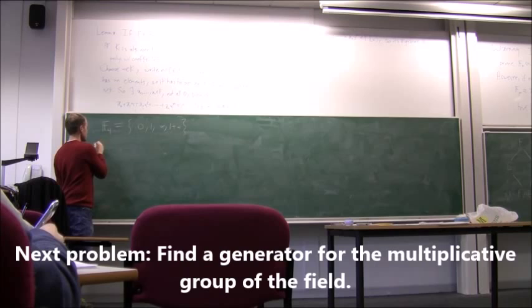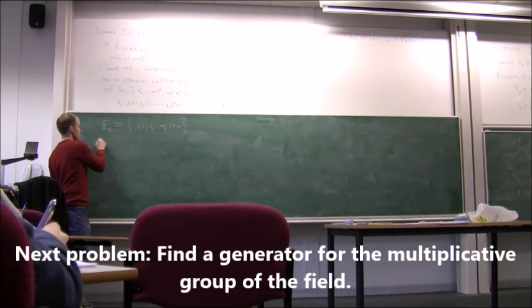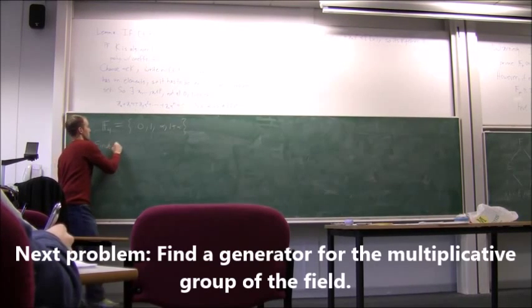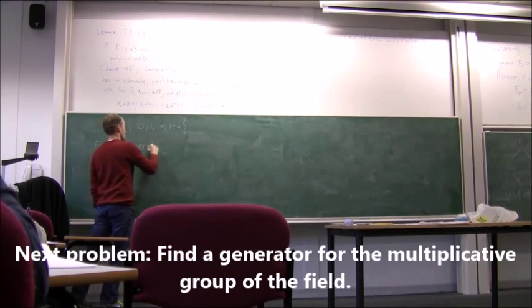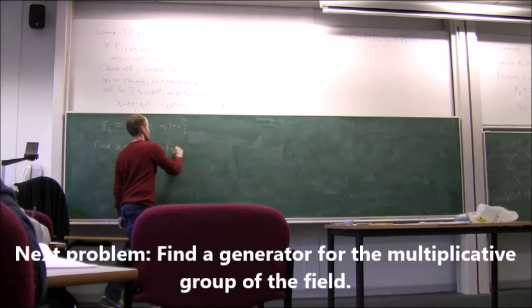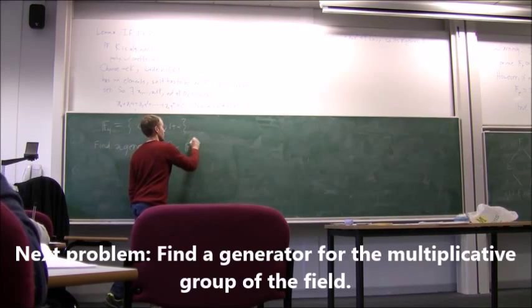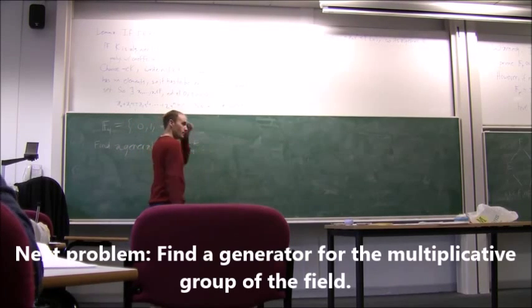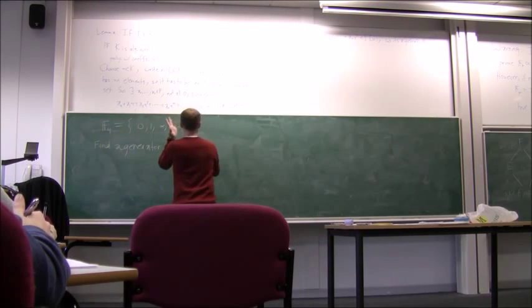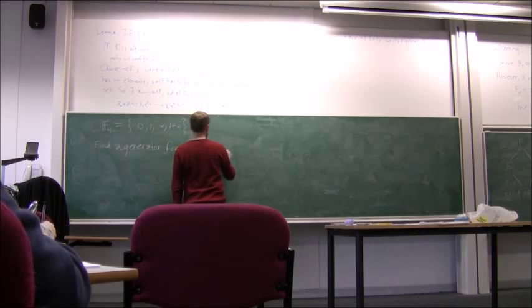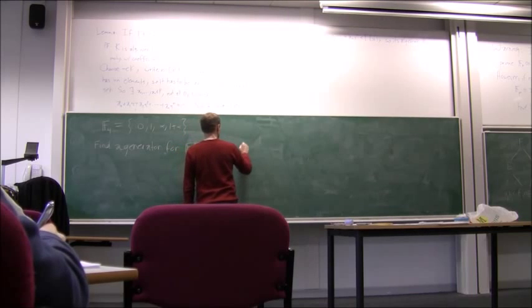Now, let's think about the next problem, which is to find a generator for the multiplicative group. By the way, the multiplicative group here is just the collection of non-zero elements with their multiplication. It's 1, alpha, 1 plus alpha.